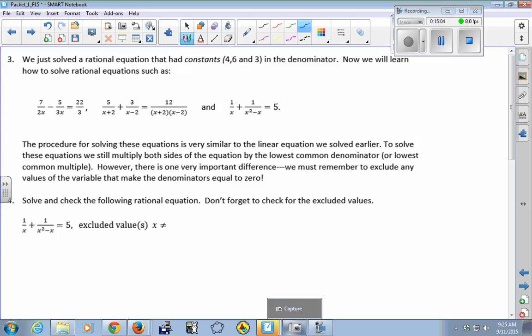So the denominators we just looked at had constants in the denominator. The constant numbers 4, 6, and 3. Now we're going to learn how to solve rational equations like this. And what I want to say to you is they're not really that much different. Once you understand the idea behind finding a common multiple, it's exactly the same process.